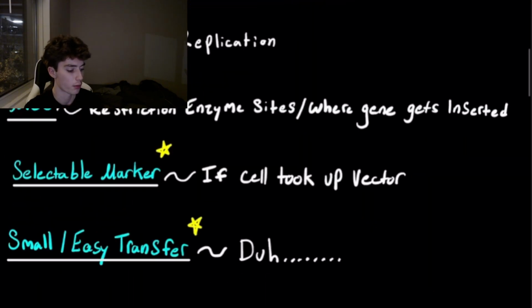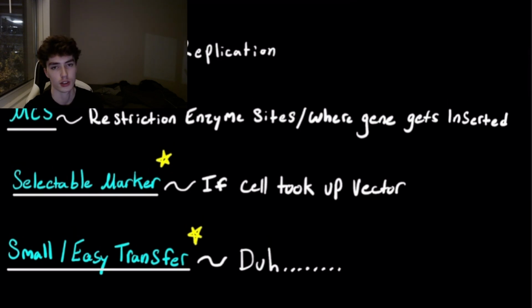You have selectable markers. Selectable markers are how scientists and researchers determine whether or not a cell has taken up your vector or plasmid. Usually selectable markers have genes that code for antibiotic resistance, and the main way that you could see if your cell has taken up a plasmid is if you were to plate your bacteria on an agar plate or a growth medium containing that antibiotic.